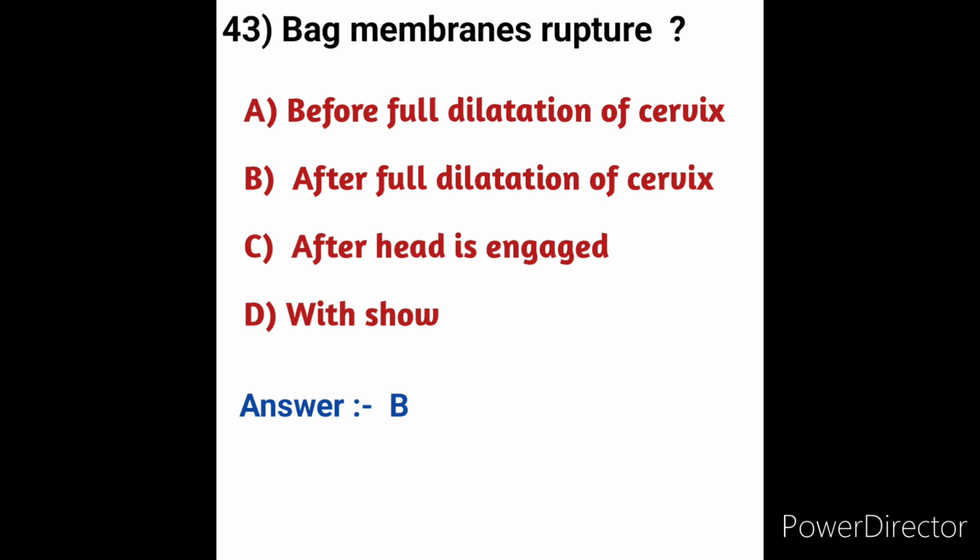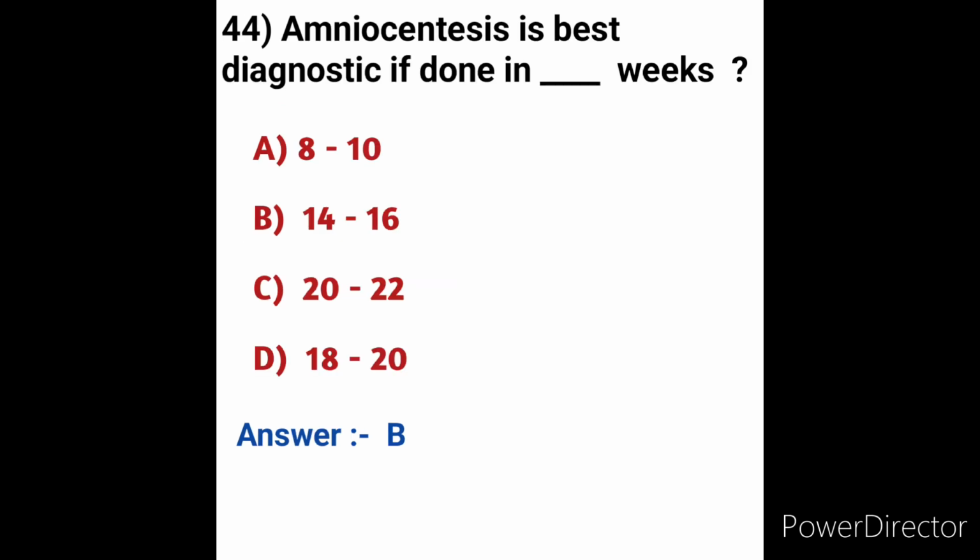Next, move on to question number 44. Amniocentesis is best diagnostic if done in which weeks? Options: option A 8 to 10 weeks, option B 14 to 16 weeks, option C 20 to 22 weeks, option D 18 to 20 weeks. What is amniocentesis?